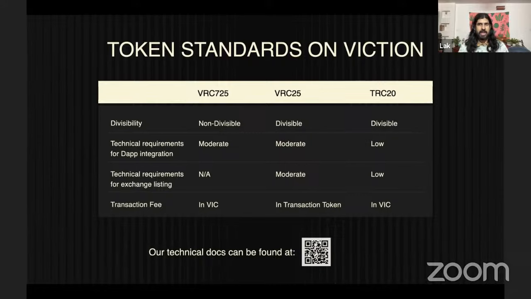And we see this token standard as paving the way for the road to mass adoption, and it helps remove a lot of the roadblocks for new users entering the ecosystem. As a builder, there are many ways you can utilize these functions, especially in the realm of DeFi and gaming. Setting up and deploying VRC25 tokens takes a few extra steps, and I'll discuss that on the next slide.